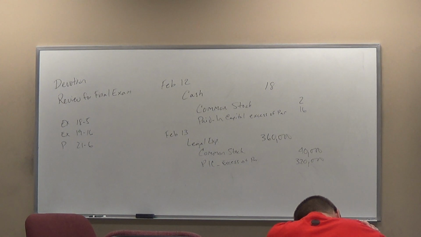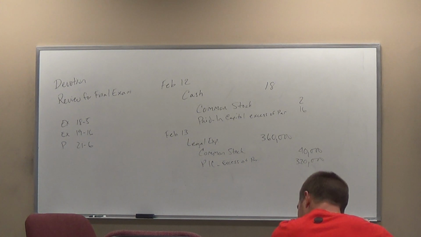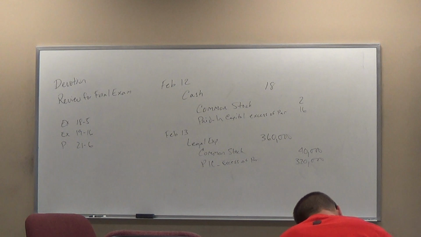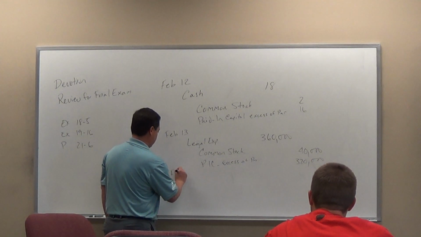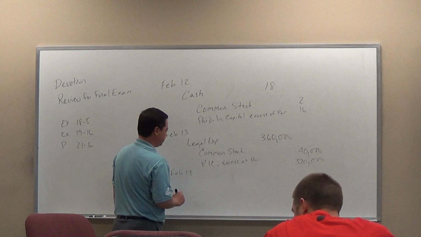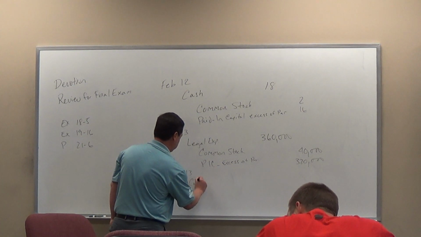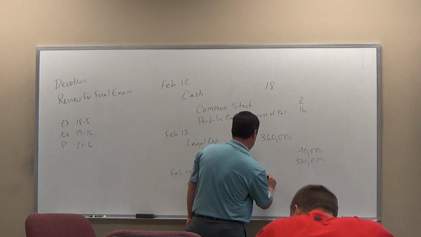All right, so on the 13th also, we sold 80,000 common shares and 4,000 preferred shares for a total of 945,000. Kind of figure all that out. So remember, it's 945.